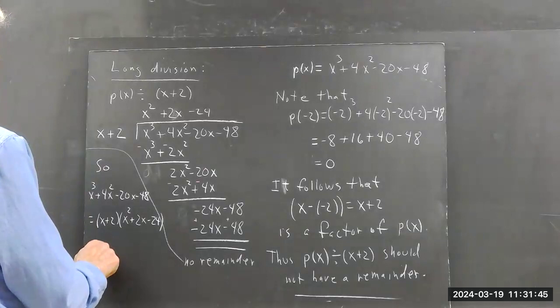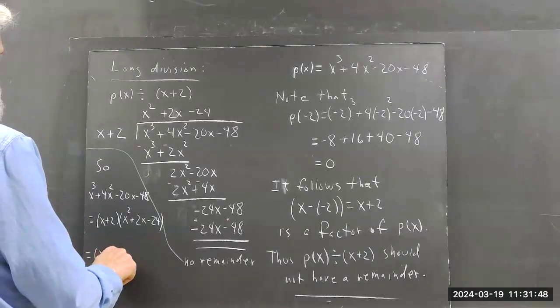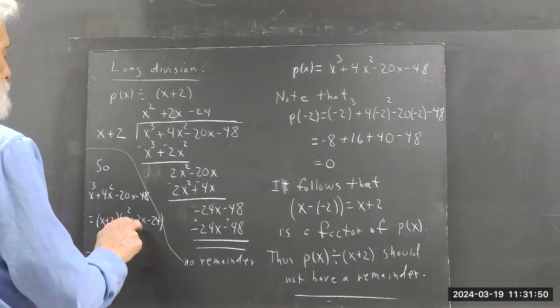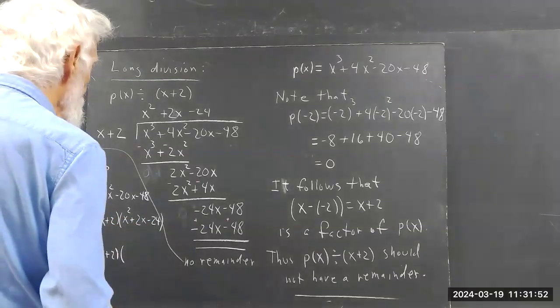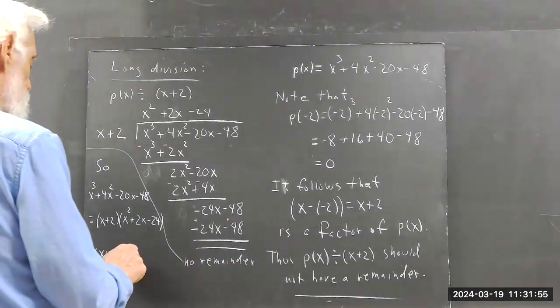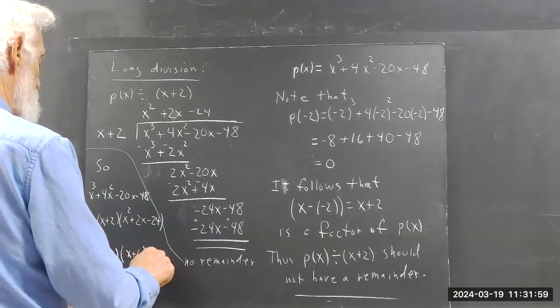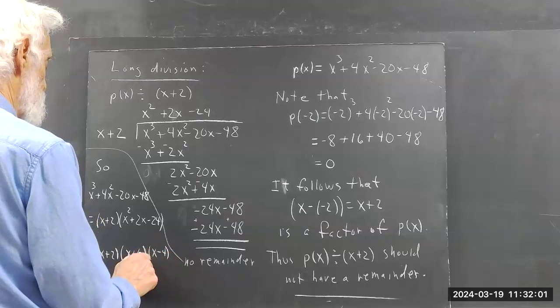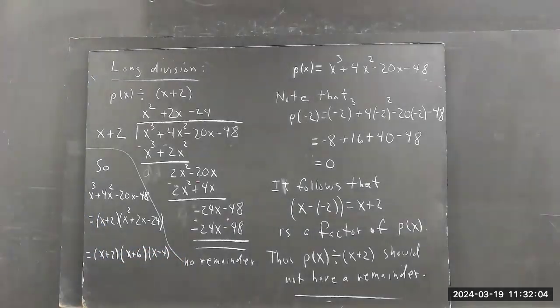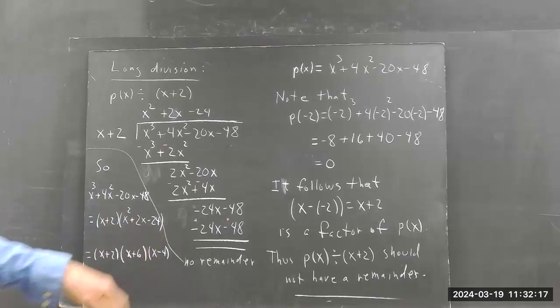But of course, x squared plus 2x minus 24 could be written as x plus 6 times x minus 4. And this is just by factoring a simple trinomial.